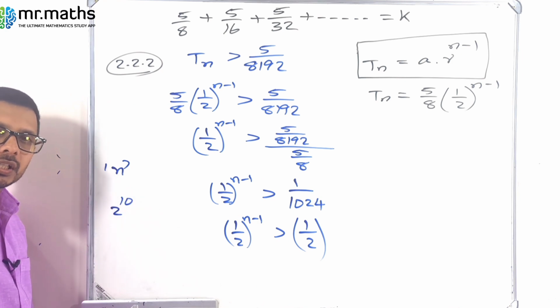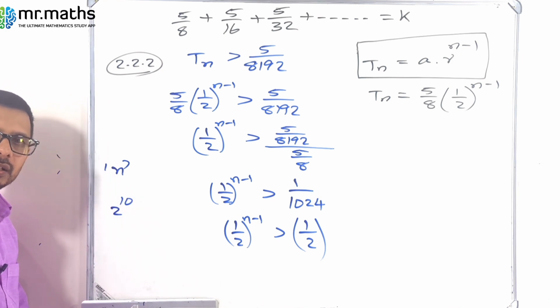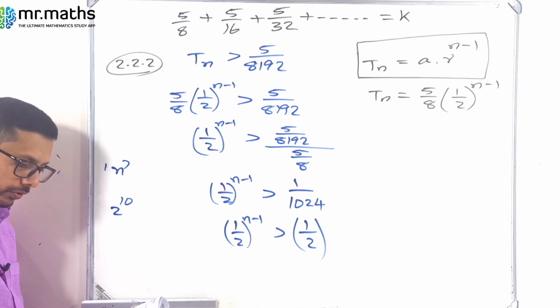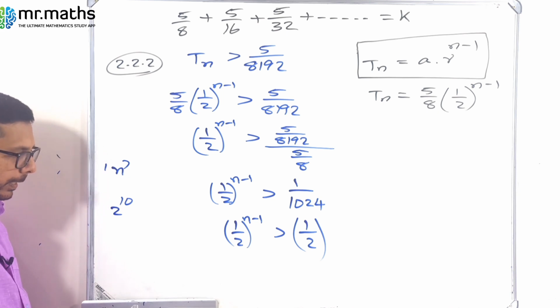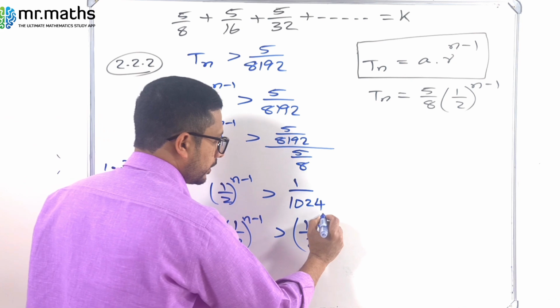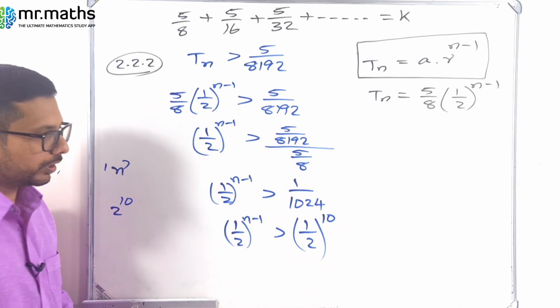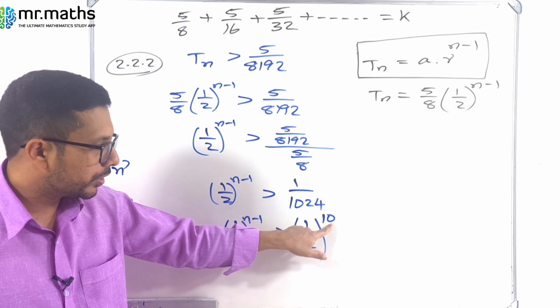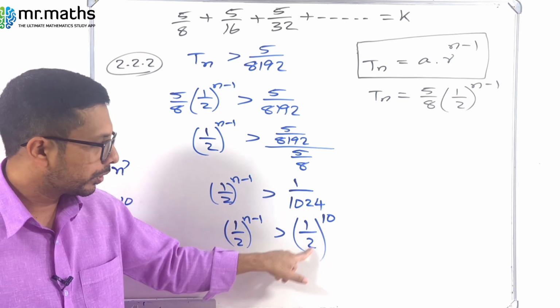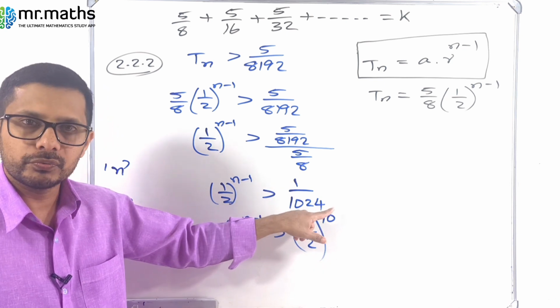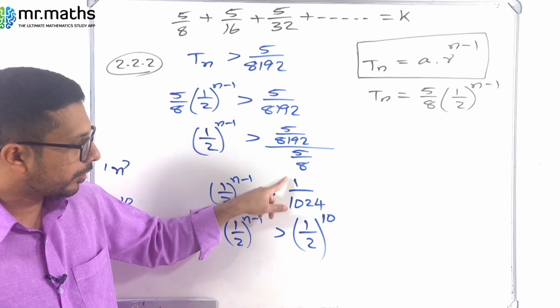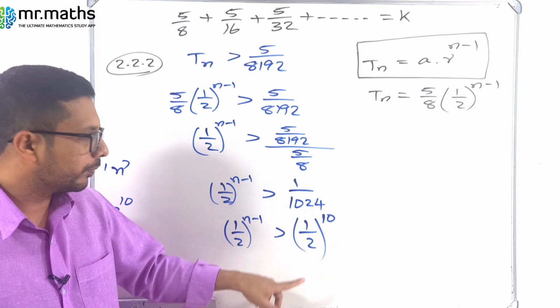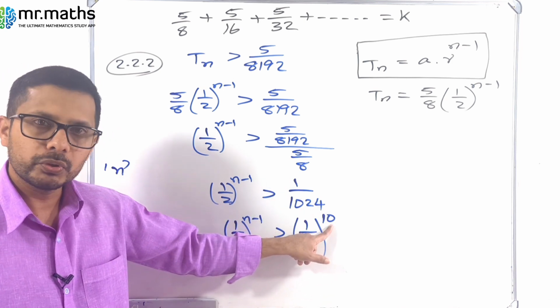Check in your calculator, what is 2 raised to 10? I think it is 1024. So here I can write 1 over 2 raised to 10. How am I supposed to expand this one? 1 raised to 10, that is 1. 2 raised to 10, that is 1024. Do you understand? So this 1 by 1024 is the same as 1 over 2 raised to 10.